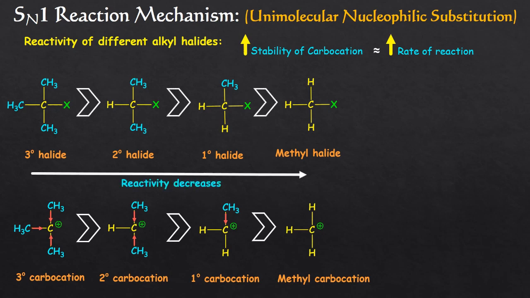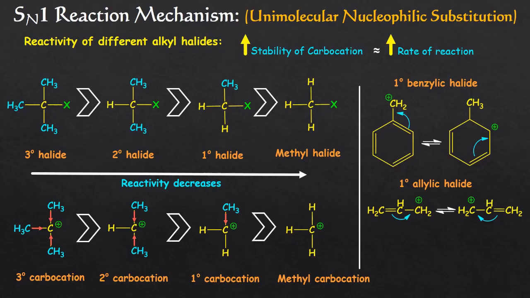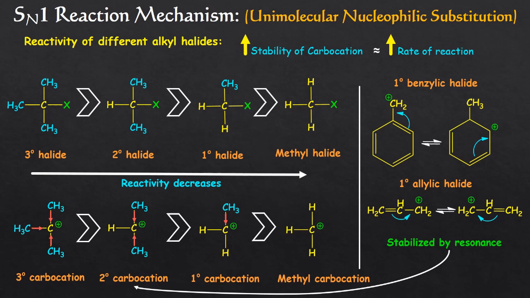So, this is the reason why the SN1 reaction is highly favored by tertiary halides and it is least favored by primary and methyl halides. However, primary benzylic and allylic halides can undergo SN1 reaction because their carbocations are stabilized by resonance. And as the resonance effect is stronger than the inductive effect, these carbocations have stability similar to that of the secondary alkyl carbocation.